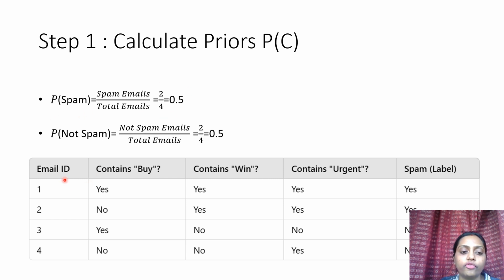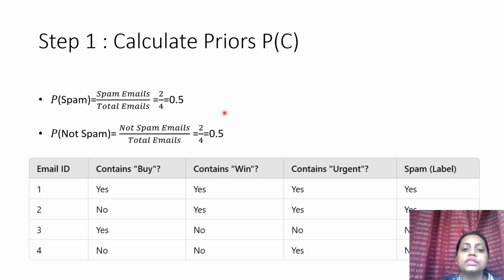We have a total of 4 emails, so the denominator is always 4, and as the spam messages are 2, this is 2 by 4, which is nothing but 0.5. So initially, the probability of a message being spam is 0.5.